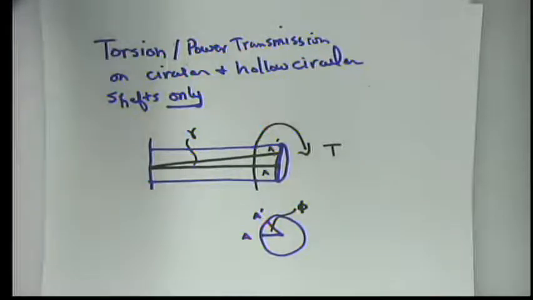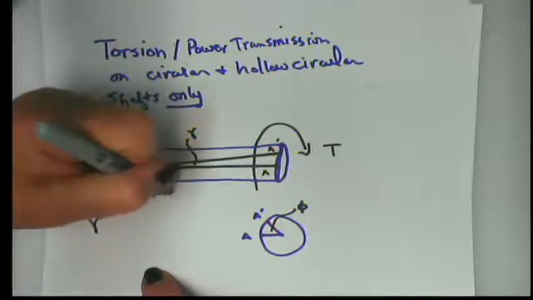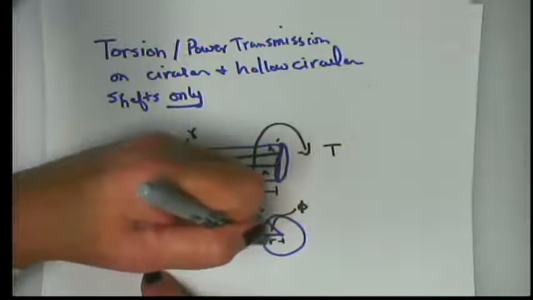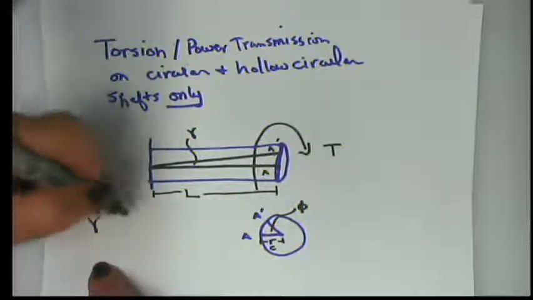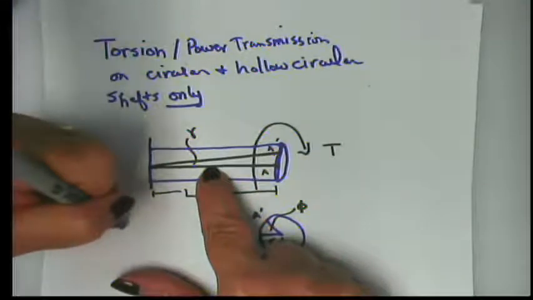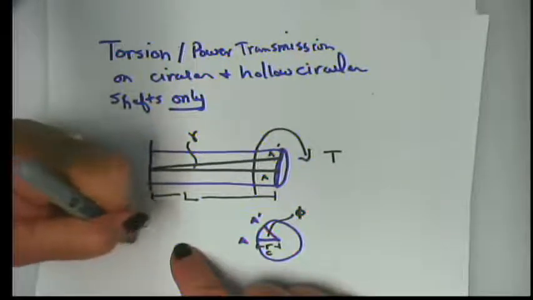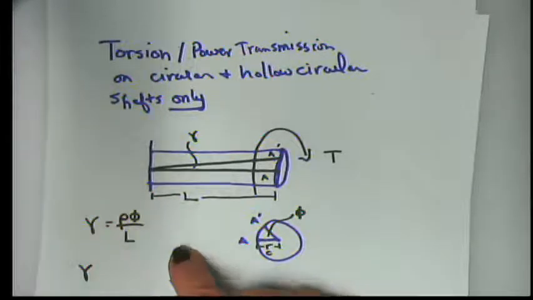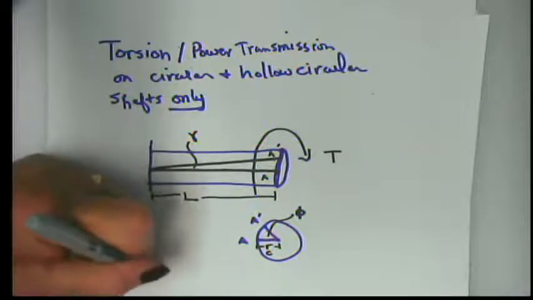And there is a relationship between those two where, based on the length of the shaft and the radius, which is referred to as C, of the face, gamma, or the shearing strain, is equal to rho, which we'll discuss in a minute, times phi over L, and that gamma is also equal to rho over C times gamma max.